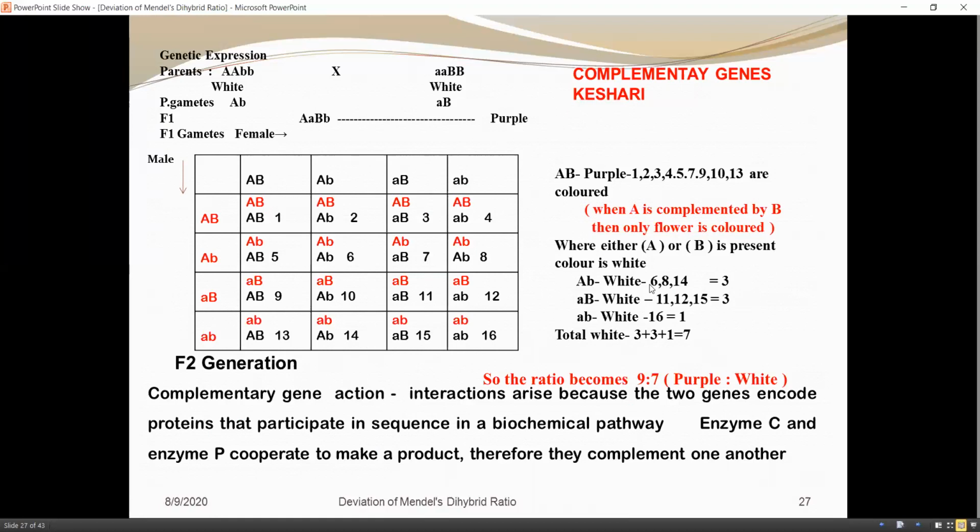So 9 will be purple, 6, 8, 14 will be white, 11, 12, 15 will be white, and 16 will be white. So 3 plus 3 plus 1 will become 7. So the ratio becomes 9:7, purple to white, for one trait.